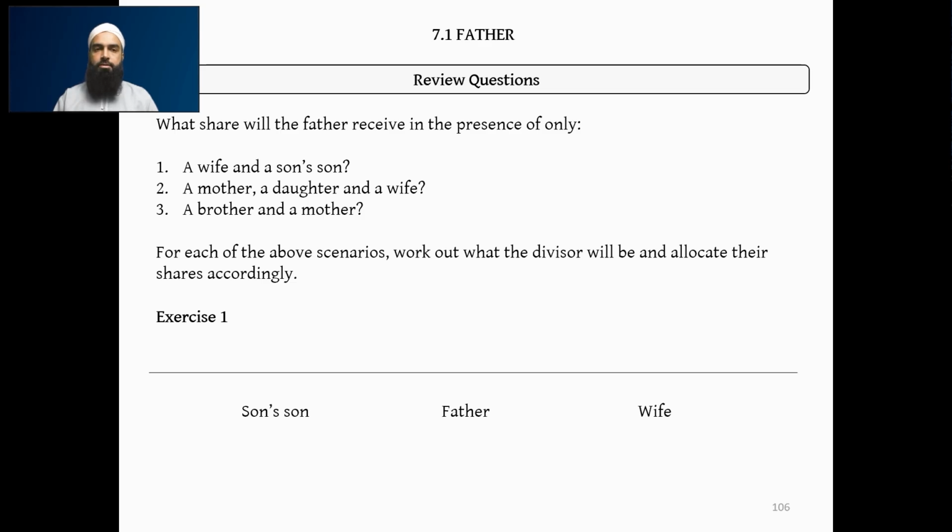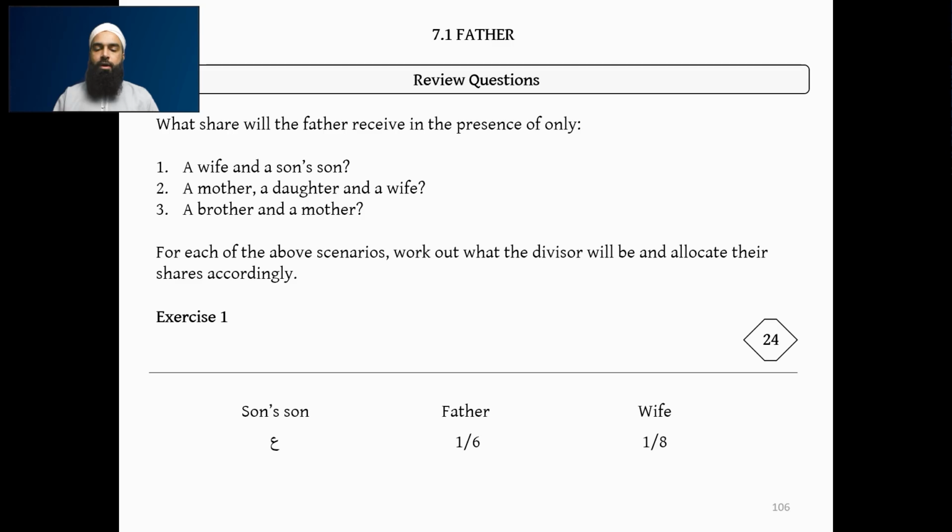Now to reveal the answer, because there's a son there, the wife will receive 1/8. The father, because there's a son, will receive 1/6, his first scenario. And the son will receive the rest of it. He will become the agnatic shareholder, the asaba. Now there is 8 and 6. 8 is from group 1, 6 from group 2. So we ignore group 2, we just go for 8. 8 times 3, that's our divisor, which is 24.